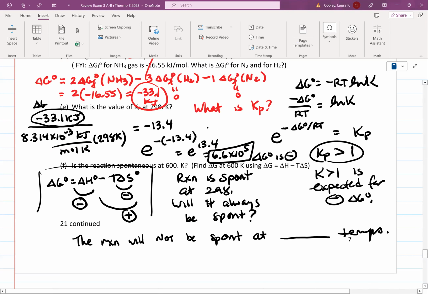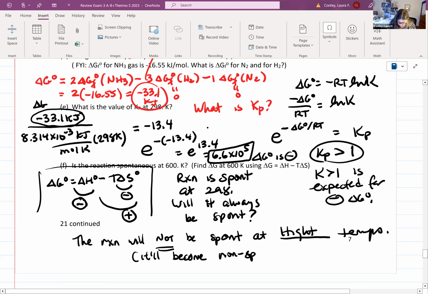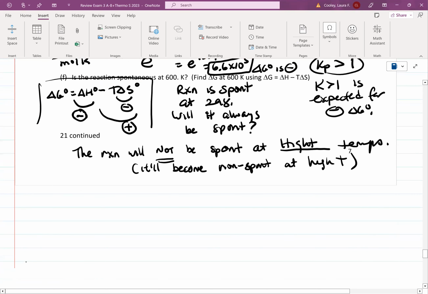So the reaction will not be spontaneous at high temperatures. The reaction will become non-spontaneous because that T delta S term will start to play a bigger role.